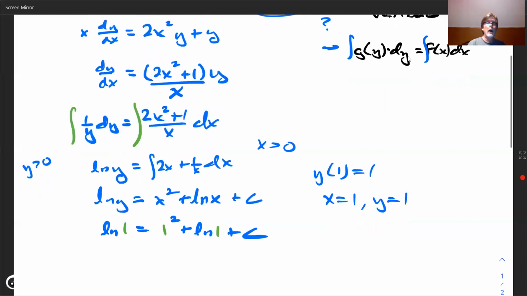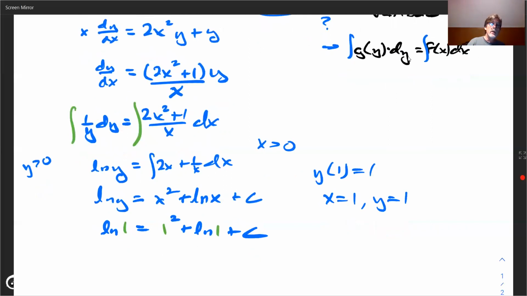For our general solution to satisfy this initial condition, c is forced to be a particular number. Natural log of 1 is 0. 1 squared is 1, plus natural log of 1 again is 0. So we get, oh, look at this, c is equal to -1.